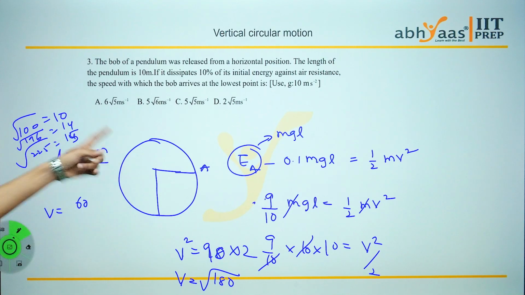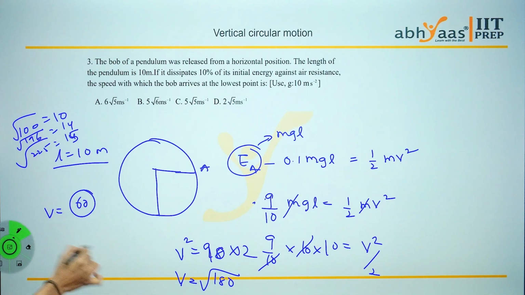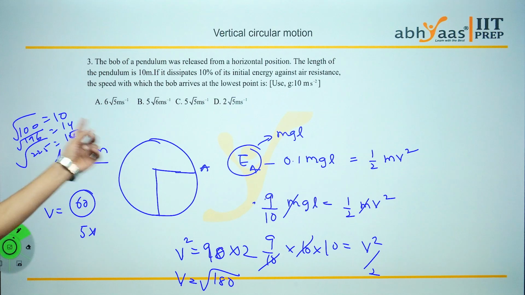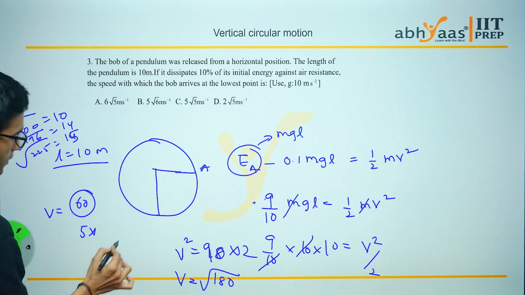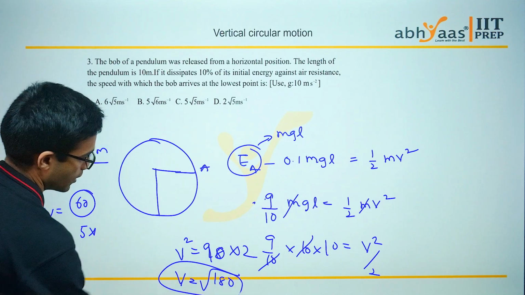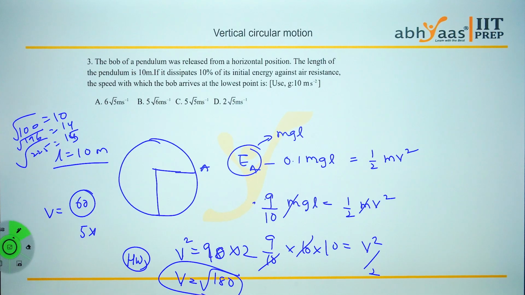It's around 6 into root 5, root 5 is common. You just check the options. This calculation you can do, just check the options, this one.